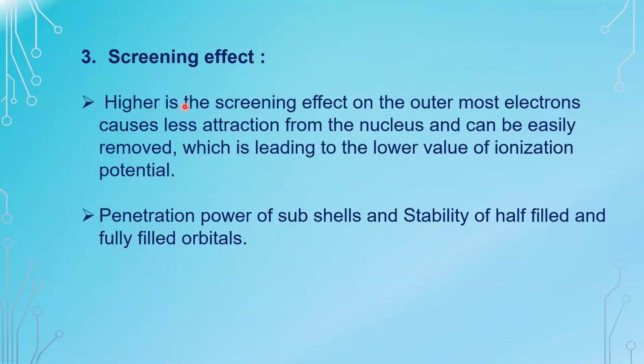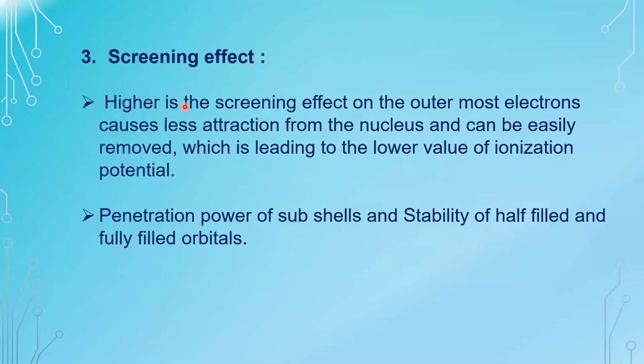So we can say the phenomenon which occurs, which phenomenon are we talking about, the screening effect or shielding effect. The phenomenon which occurs when the nucleus reduces its force of attraction on the valence electron due to the presence of electrons in the inner shell.